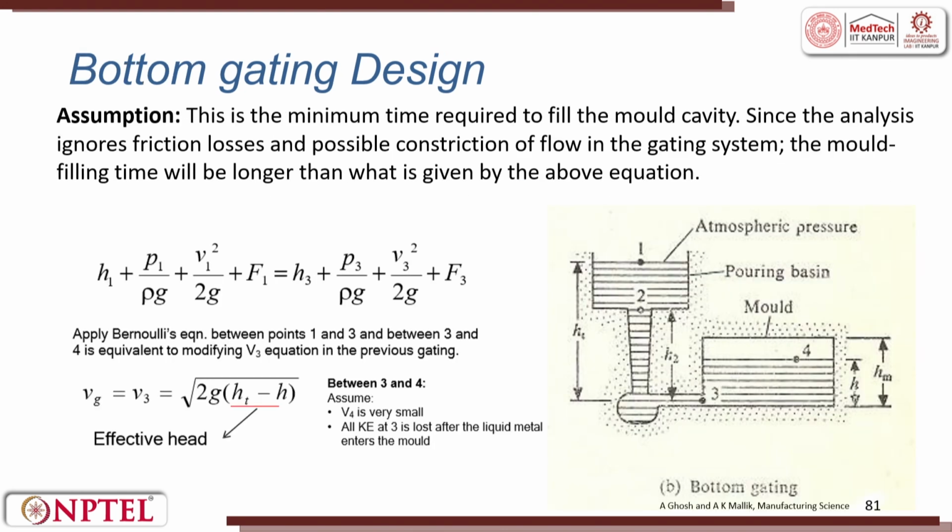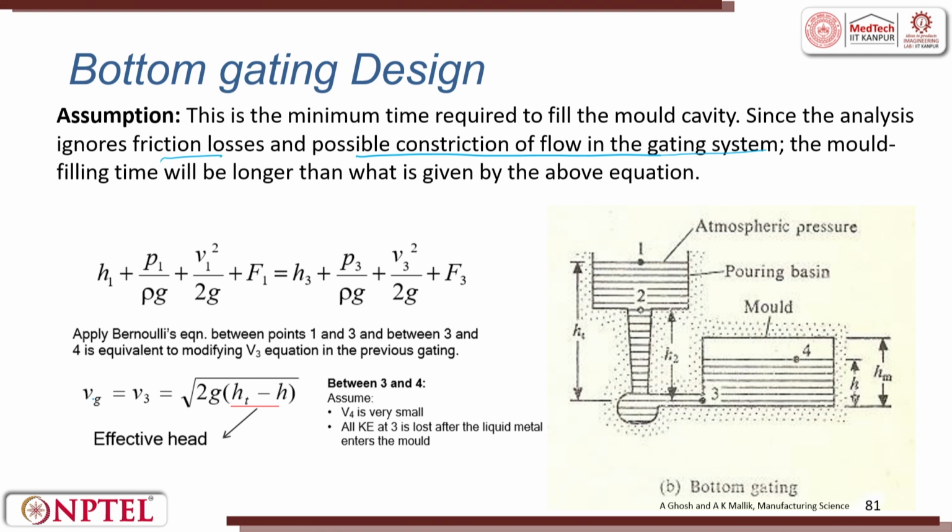Now, let us take the option of bottom gating system. In bottom gating system, the assumption is this is the minimum time required to fill the mold cavity. Hence, in the analysis we ignore friction losses and also possible constriction of the flow in the gating system. The mold filling time can be calculated by the same Bernoulli's equation and the continuity equation.